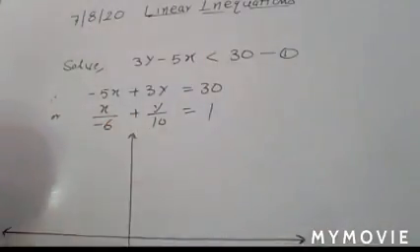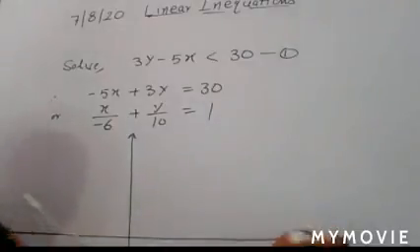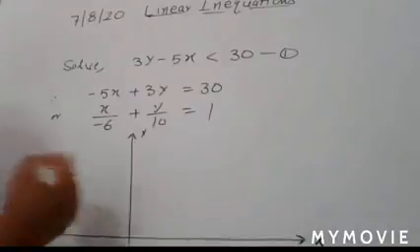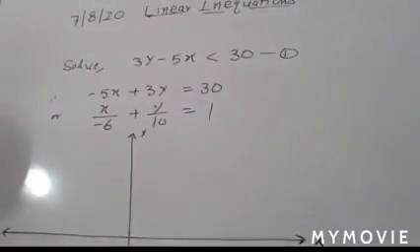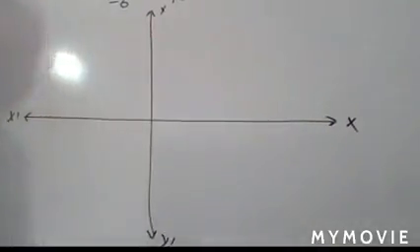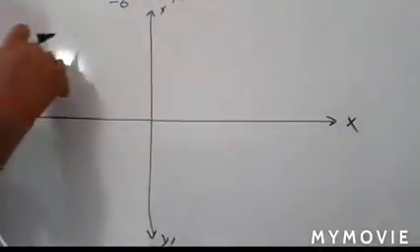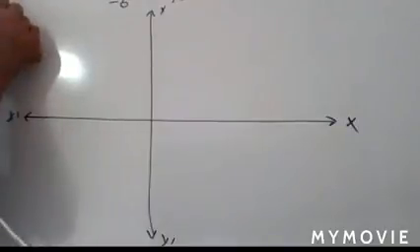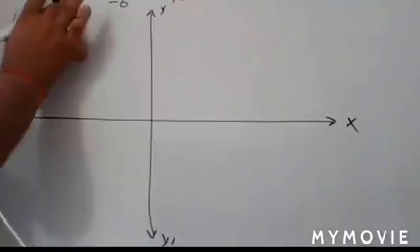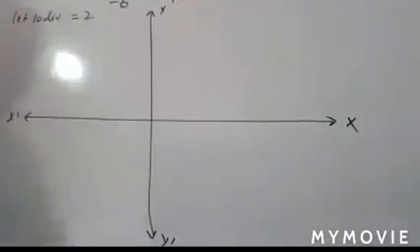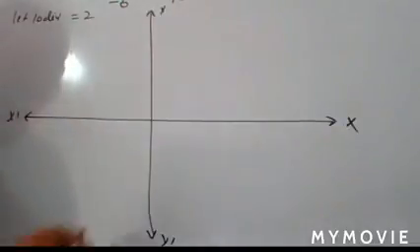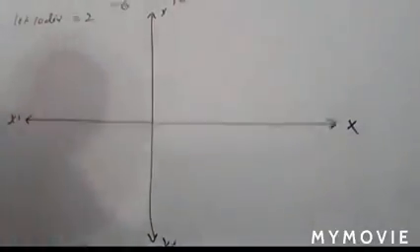So I take the unit y and y dash, and here you assume in your graph paper let 10 divisions be equal to 2. So here you have minus 6, and on this side here you have 10. So you mark it.